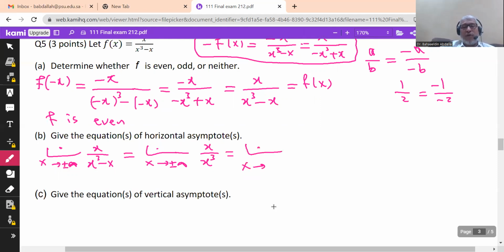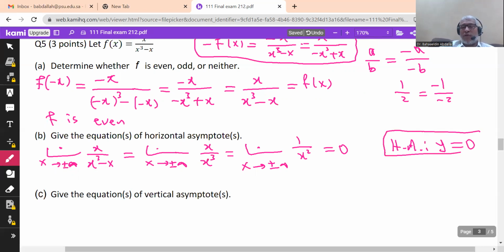So this would be the limit of 1 over x squared, and 1 over infinity or 1 over negative infinity is 0. So the horizontal asymptote has the equation y equals 0. So y equals 0 is a horizontal asymptote of this function.